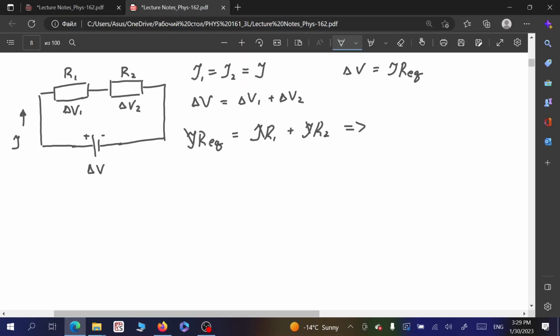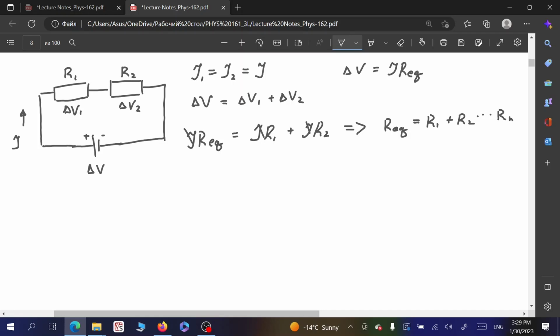And from here, we see that R equivalent is equal to R1 plus R2, or whatever number of resistors which are connected in series. So that is the way we determine the equivalent resistance of resistors connected in series.